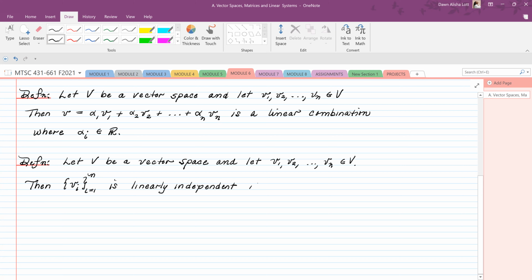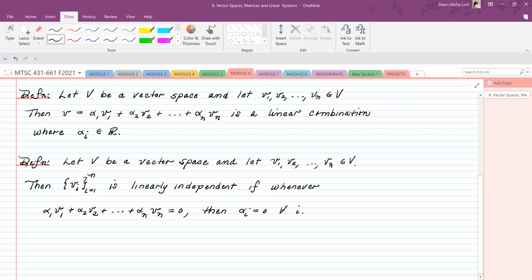if whenever alpha 1 V1 plus alpha 2 V2 plus all the way down alpha n Vn is equal to 0, then alpha i is equal to 0 for all i.